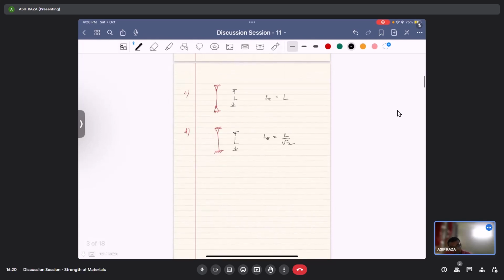Now the other thing is called the slenderness ratio.